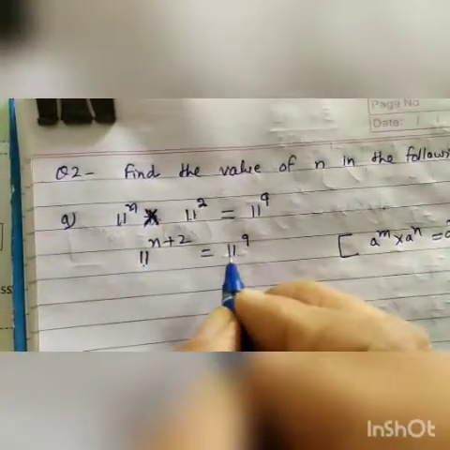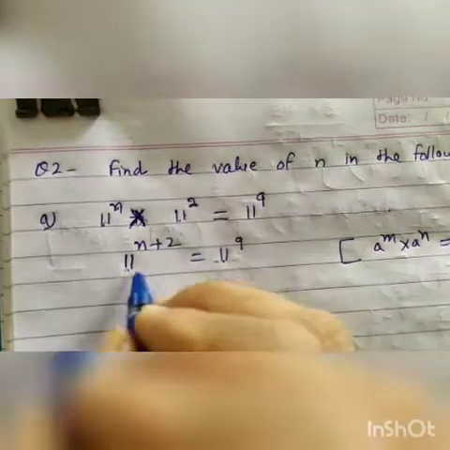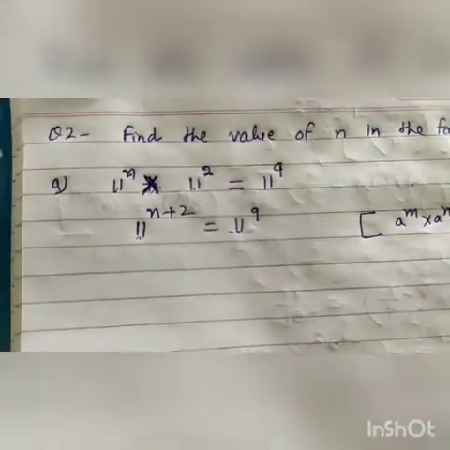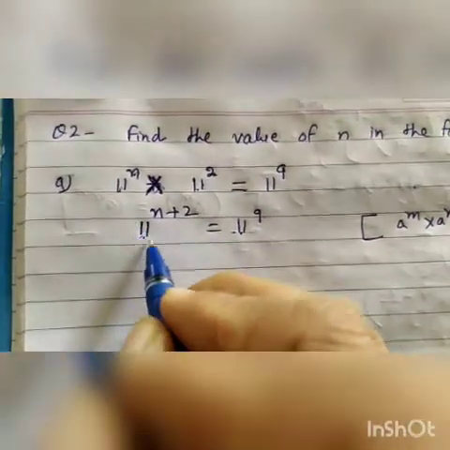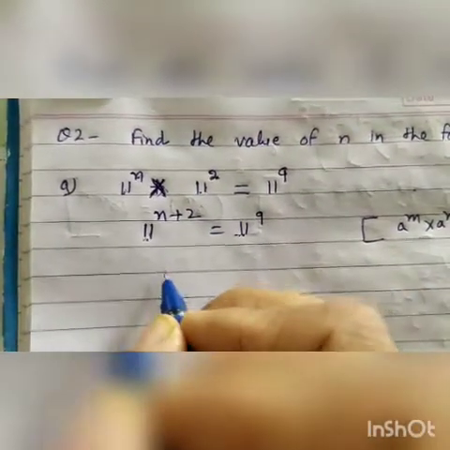Now see, both the bases are same. If both the bases are same on the left hand side and right hand side, then we can neglect these bases and the powers will be equal.